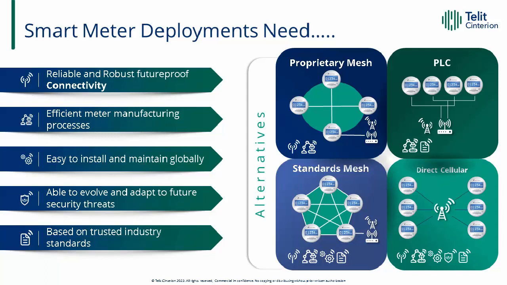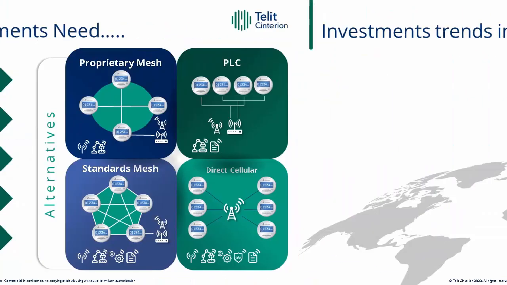It's direct cellular point-to-point which is gaining most traction globally, and this is dictated by IoT-based standards for low cost and low power using 5G New Radio. But it's fair to state that cellular technology plays an important role regardless of the chosen topology, and it's cellular communication that's most suited to delivering the roadmap of demands for smart metering.